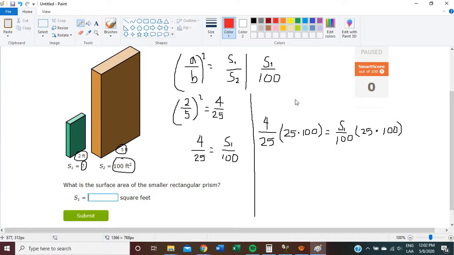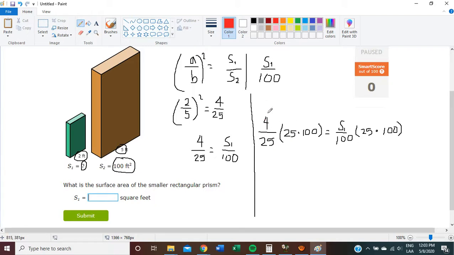You know that if you divide any number and then you multiply that number by the same number, the result is going to be the same. Or in other words, if you divide something, for example 4 divided by 25, and then you multiply the result by 25, the result is going to be 4.